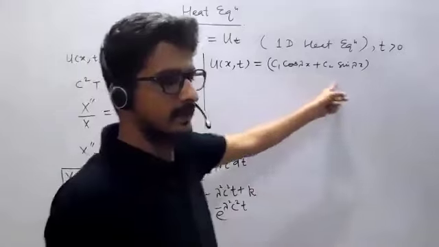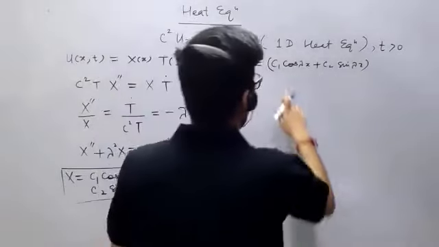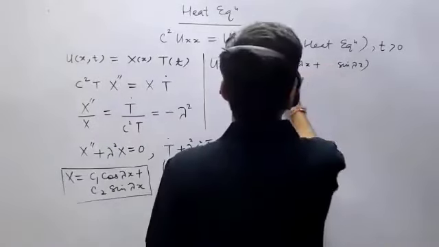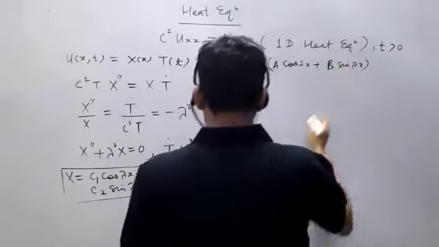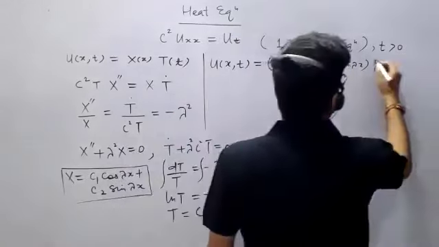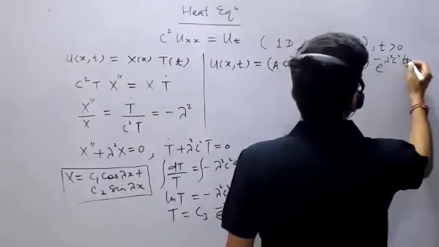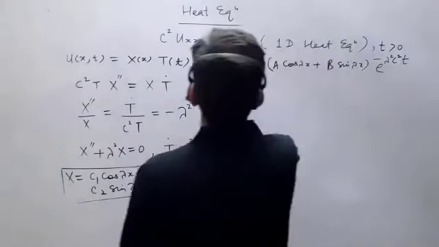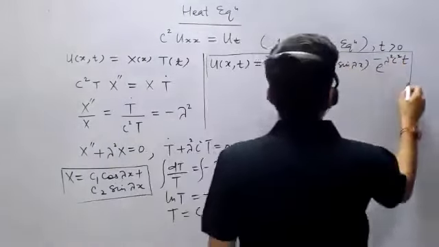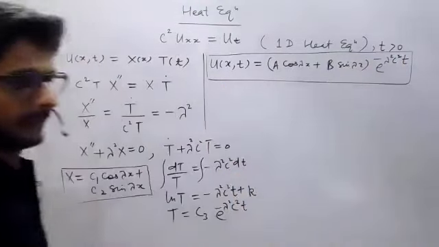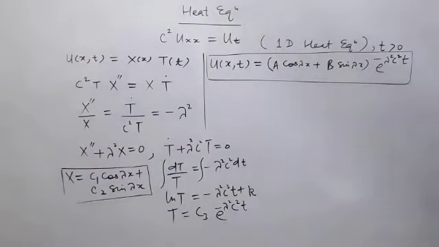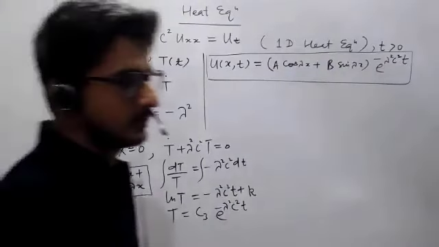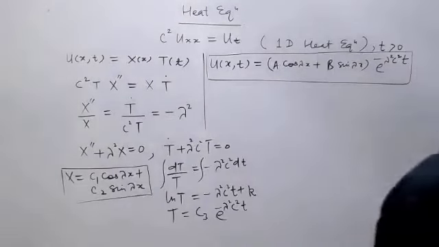Okay, c3 is multiplied into these constants, and if you don't mind, I will just write them a and b for simplicity, and this will become e to the power minus lambda square c square t. So this is our solution of the one-dimensional heat equation.